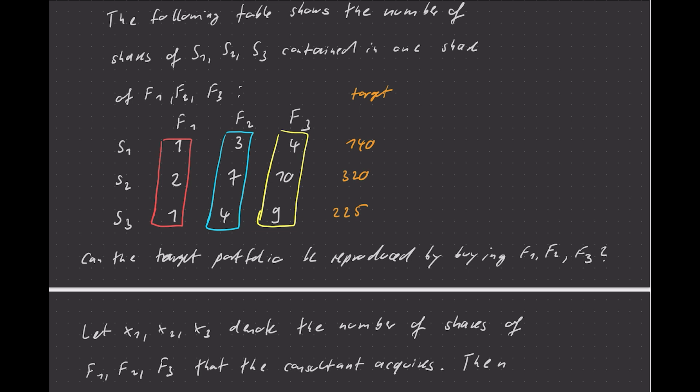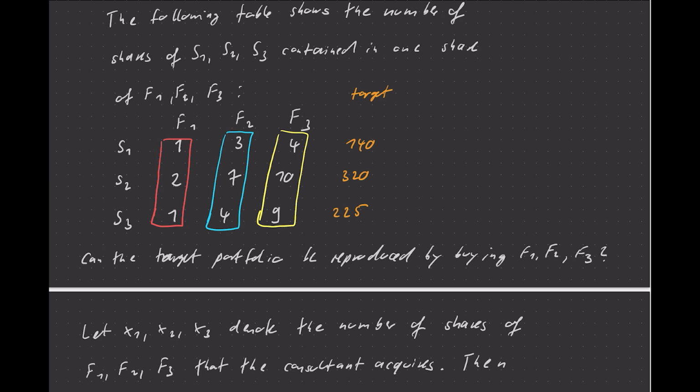Now what we want to do is buy a certain number of F1, F2, and F3 such that we get 140 shares of S1, 320 shares of S2, and 225 shares of S3 simultaneously. So how many shares of S1 do we get if we buy X1 shares of F1, X2 shares of F2, and X3 shares of F3?